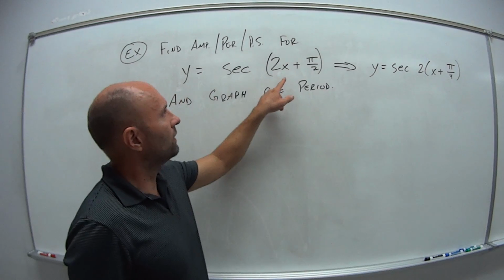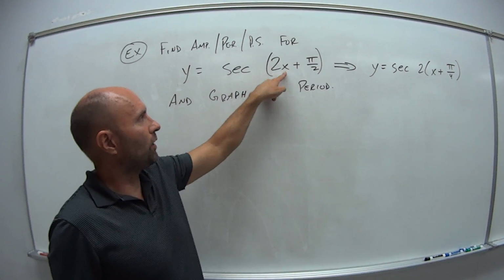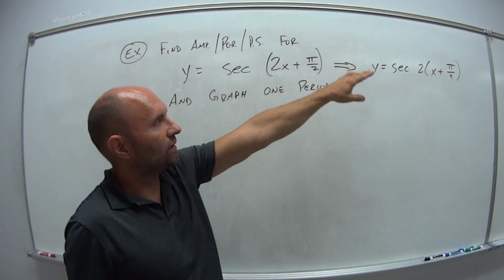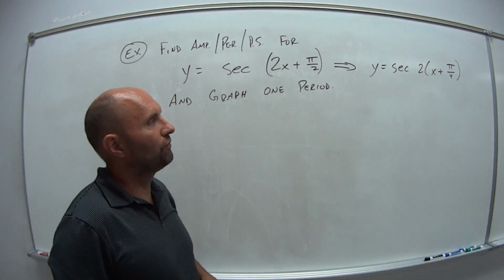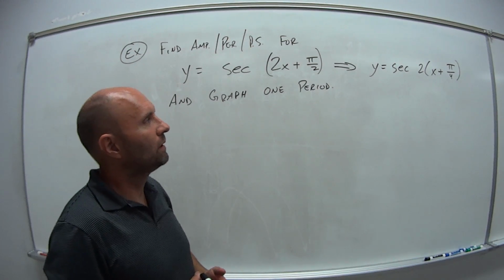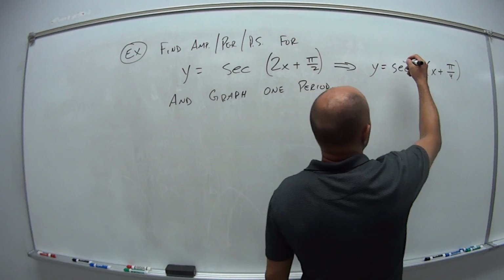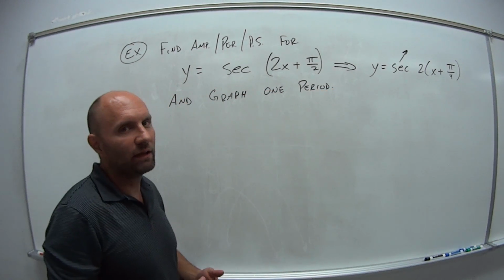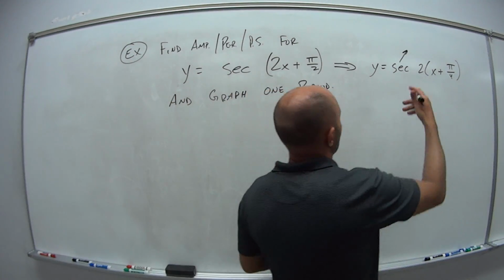So be careful here. I divide this first part by 2, so I need to divide this second part by 2, which leaves me with pi over 4. Now, the other part of this problem, before we can really get going, is figuring out what this is related to. Secant is related to cosine.